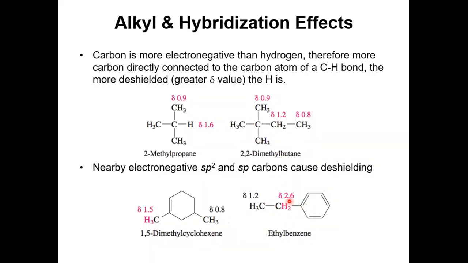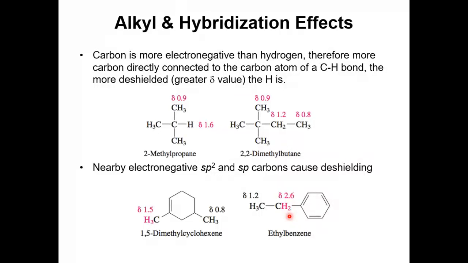And the same argument here. Those 2 red protons are benzylic protons, so they are CH2s. They are bound to be a bit higher. Without considering the right side influence, you would suppose this to be 1.2, 1.3. But it is a bit higher than that because of this phenyl group, which consists of 6 sp2 hybridized carbons.